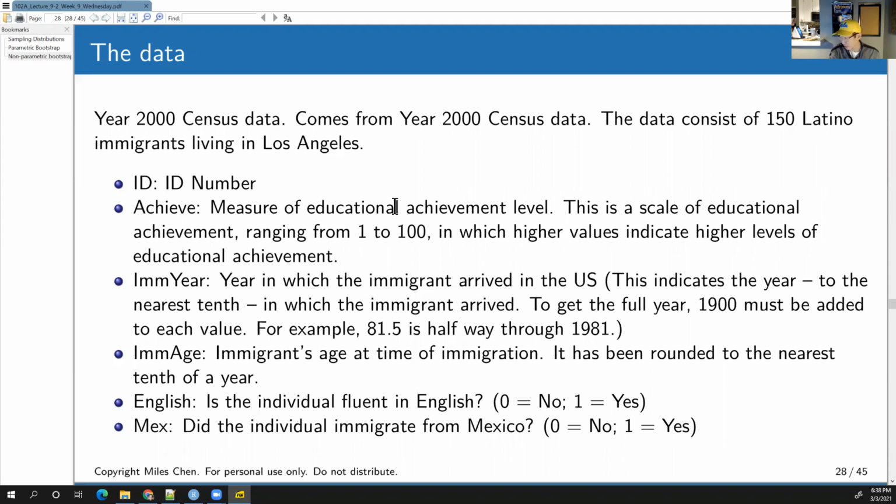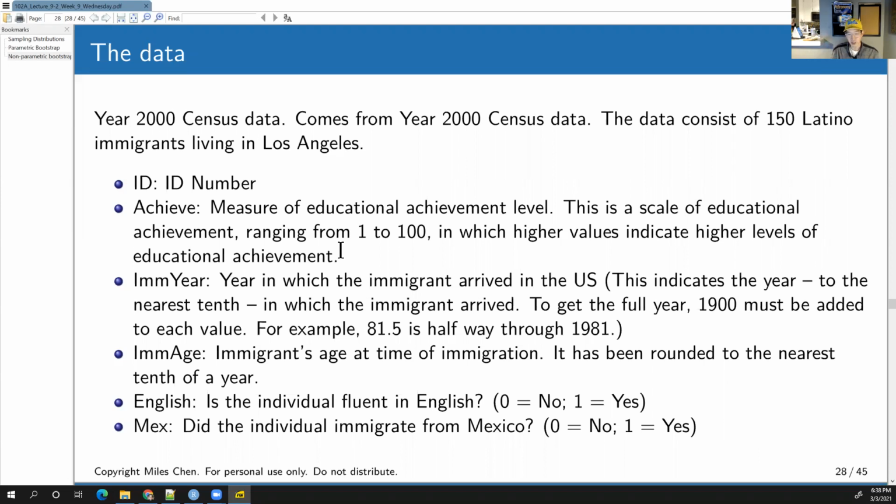And I tried to figure out what these numbers mean, but I couldn't figure it out, okay? So the numbers range from 1 to 100, and I'm not quite sure. It says higher values indicate higher levels of educational achievement, but I don't actually know what they mean. Because a lot of times education values are measured in years of formal schooling. So if you graduate high school, you have 12 years of formal schooling, and so your education number is 12.